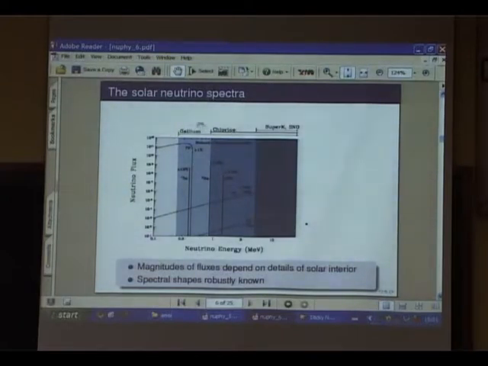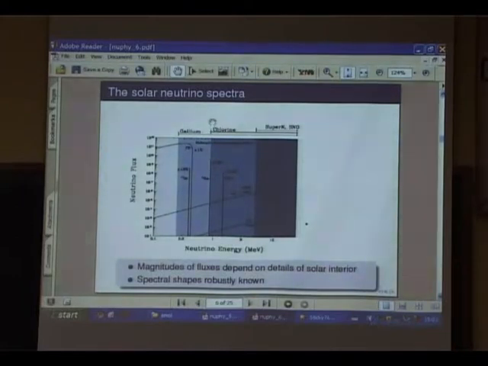So this is a familiar thing, right? This is Super K. If you see the Super K, this band tells you what Super K is sensitive to, and that is energy more than 5 MeV, which means only boron and HEP fluxes, nothing less than that. SNO is Sudbury Neutrino Observatory. We will come to what it does.